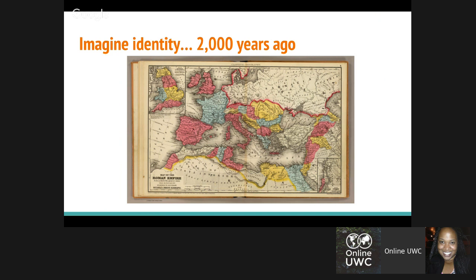The identity of Romans at that time would have been very different. So if you went into Egypt, if you went into Libya, if you went into Great Britain at the time, in all of these places, I don't think actually anyone at that time would define themselves as Romans, apart from the people who actually came from the Roman Empire to defend these lands.